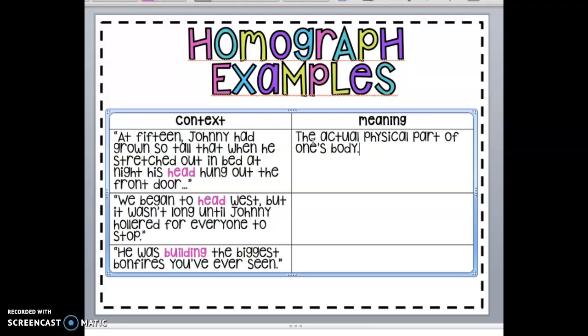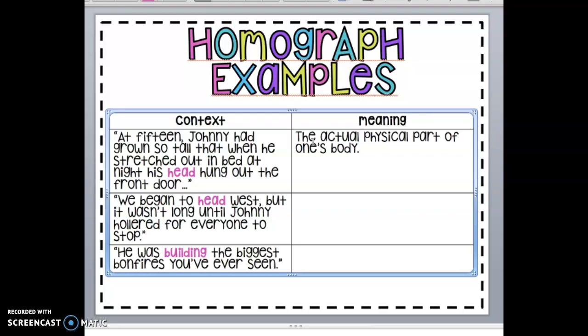You're right. That word head is completely different from the actual physical part of your body. Now look at the words that are surrounding the word head. It says, we began to head west. If you remember, in the story, the Caw family decides they want to move because they need more room for Johnny because he's so large.